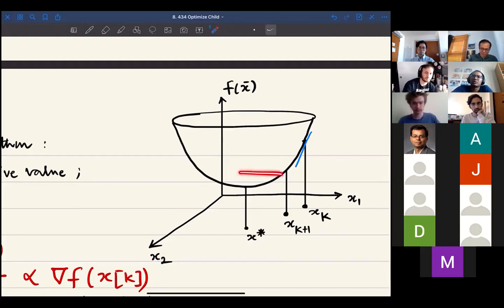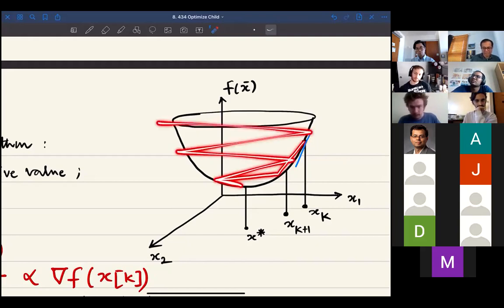You swung from this side to this side, you're saying, Utkarsh? Yeah, and then you hit your stopping condition. No, but I'm saying, is it possible that you do this, then you do that, and then instead of coming this way, you go there, and then there, and then there, and you keep diverging?